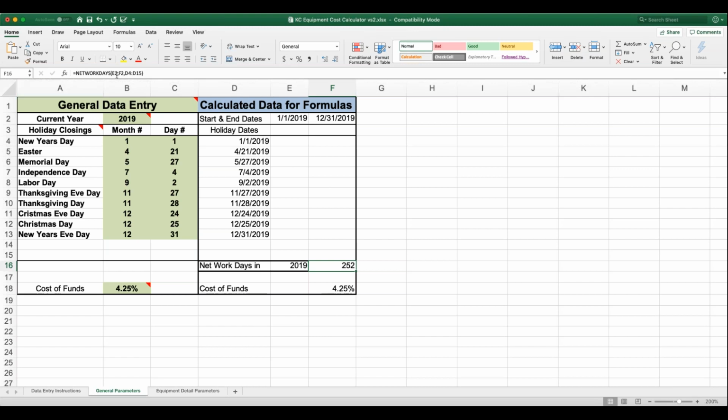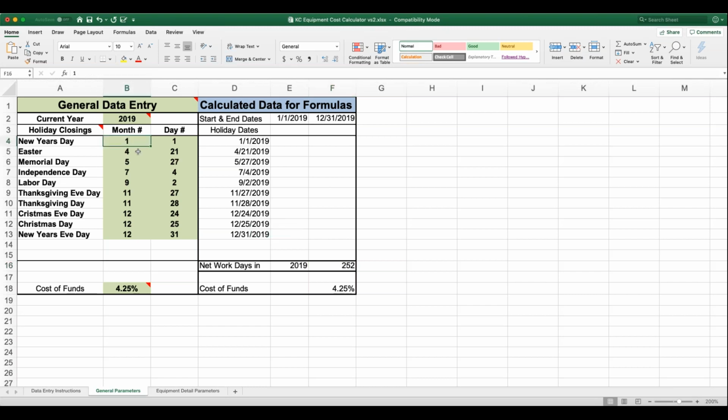And you present it with a start date and an end date, which is the January 1 and the December 31. And then you give it a list of holidays. Holidays meaning holidays within Monday to Friday. So it backs out those holiday closings.